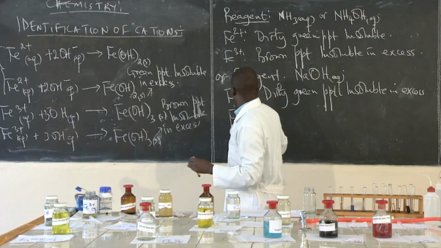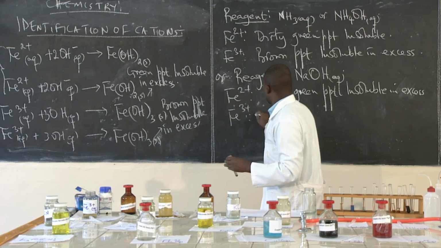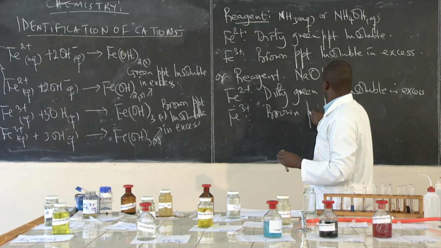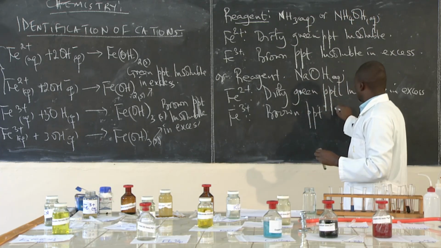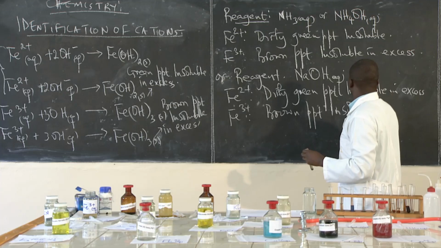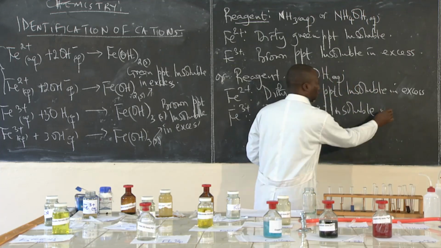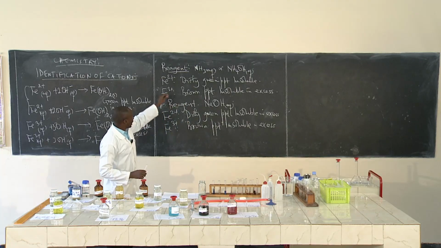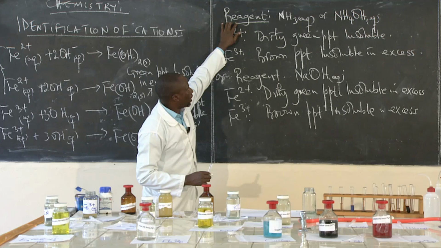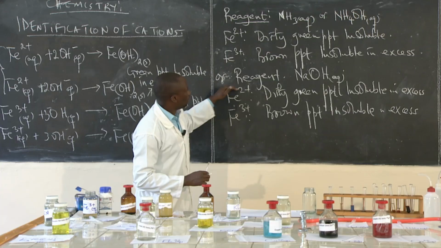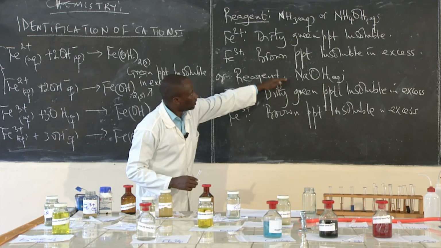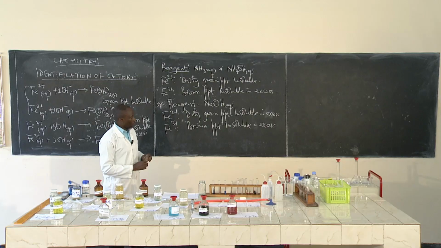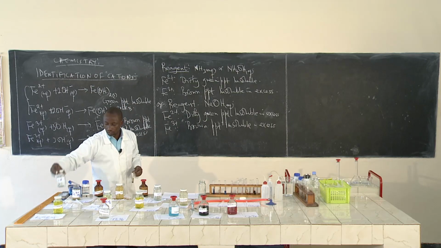And when you use iron 3, we are getting a brown precipitate, also insoluble in excess. So either ammonia solution or sodium hydroxide, you can use any one of them.